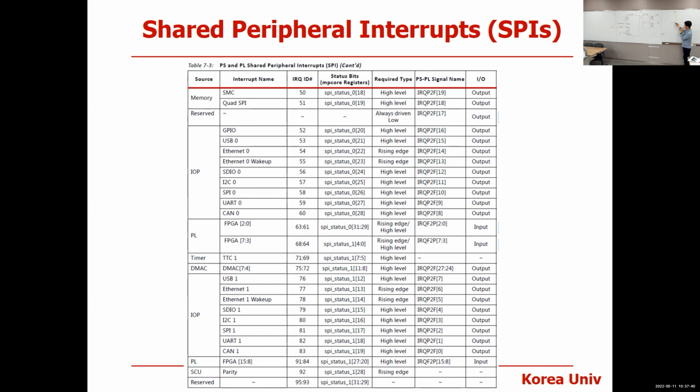Then an interrupt is generated, whether it is a timer interrupt, or GPIO interrupt, or USB interrupt. If you look at the table, there's a USB device, or some other I2C device. So these I/O devices can generate interrupts.